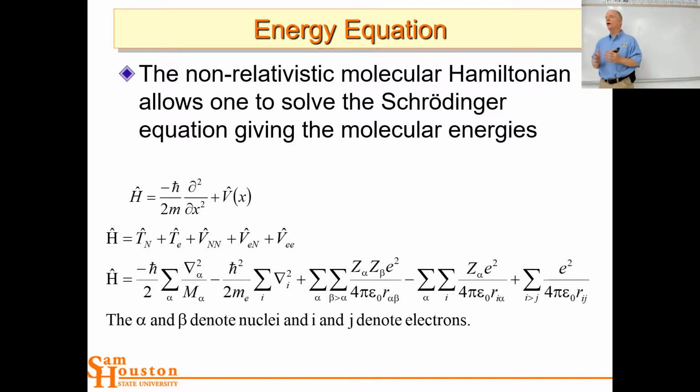In a particle in a box, the potential is 0, but in an atom or molecule, you have a positive nucleus, you have negative electrons. In this particular Hamiltonian, we have the nuclei denoted by the Greek characters. These are the masses of all the nuclei, and you're summing through all of the nuclei and calculating the second derivative, the kinetic energy of the nuclei.